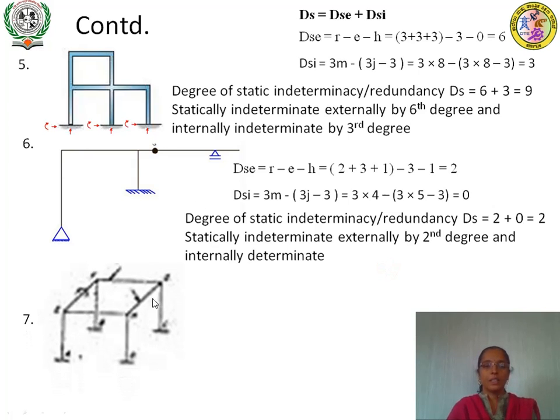Okay. Let us take a space frame for your calculations as an example, but this is not for your syllabus, just for a reference. So externally indeterminate equation is R minus E minus H. Total number of reactions: 4 fixed supports, 4 times 3 is 12 reactive components, and then minus 6 equilibrium conditions.